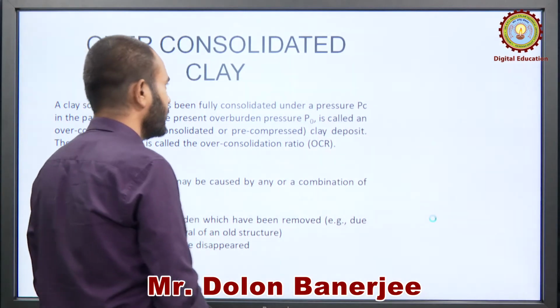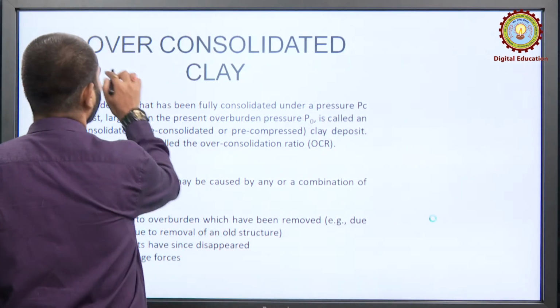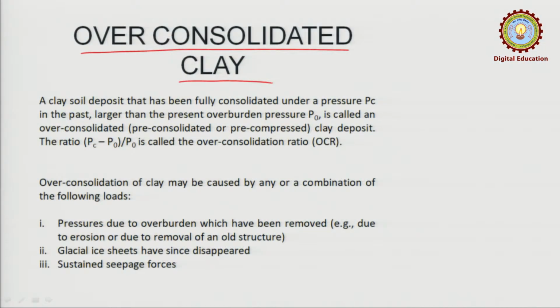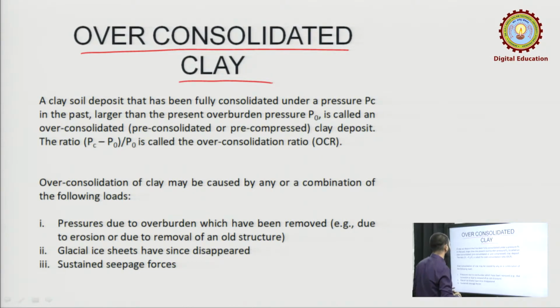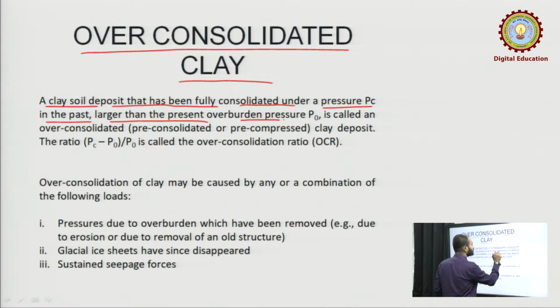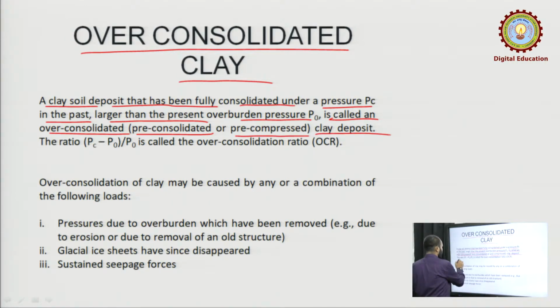Now, that was normally consolidated clay. Now, we will talk about over consolidated clay. A clay soil deposit that has been fully consolidated under a pressure P c in the past, larger than the present overburden pressure P naught, is called an over consolidated or pre-consolidated or pre-compressed clay deposit. The ratio, OCR, we will read later on also.